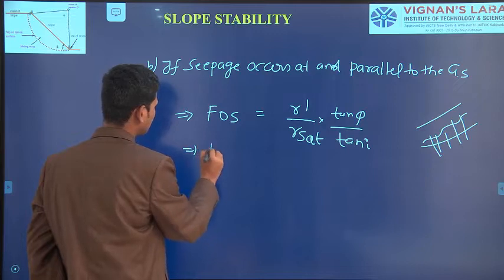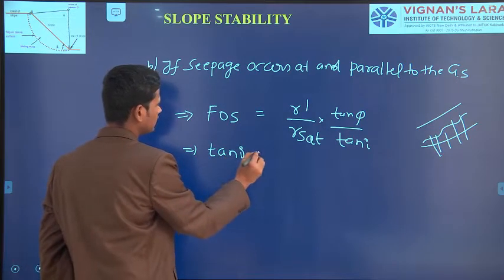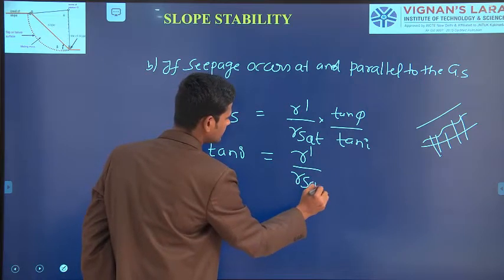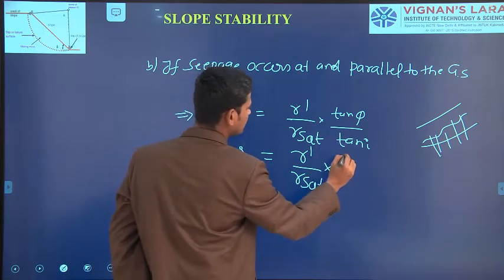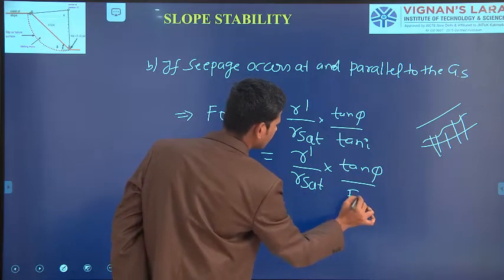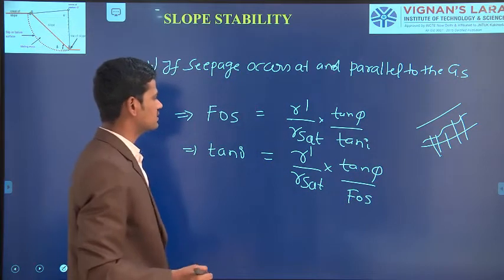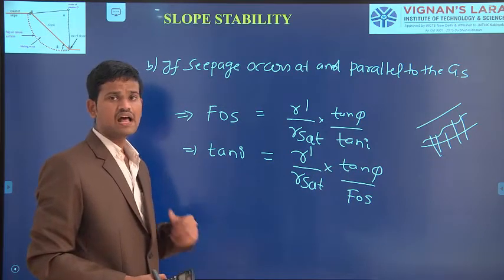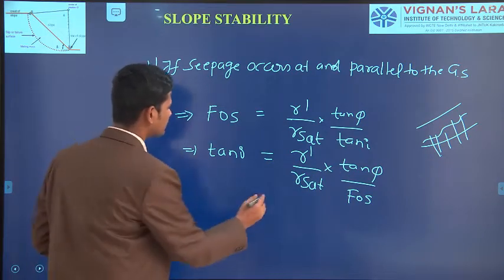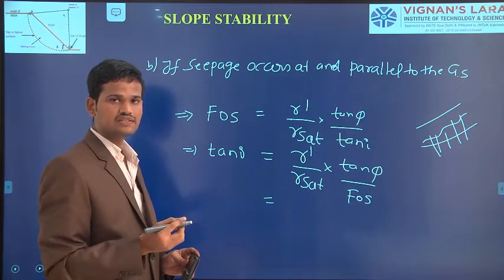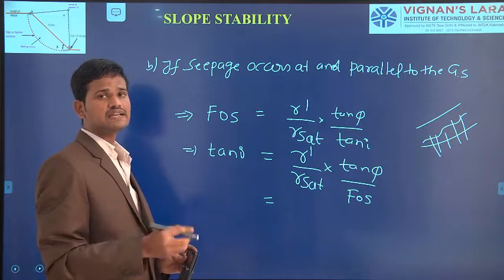What I get is tan I equal to gamma prime divided by gamma sat into tan phi divided by the factor of safety of the soil mass. These gamma prime, gamma sat, tan phi and factor of safety are already given in the problem. By substituting these parameters, you will get the safe angle of inclination when the seepage occurs at and parallel to the ground surface.